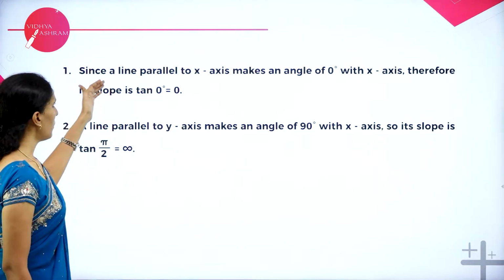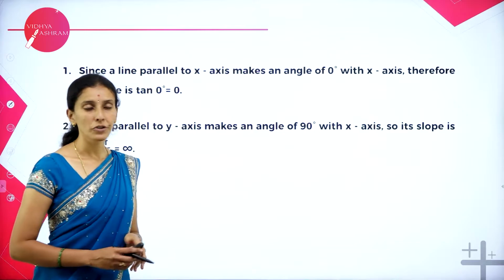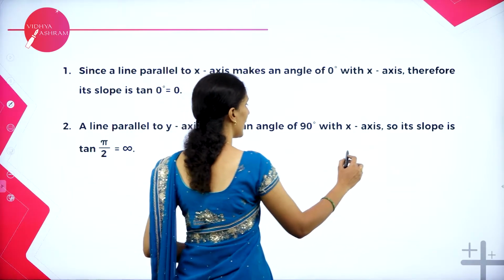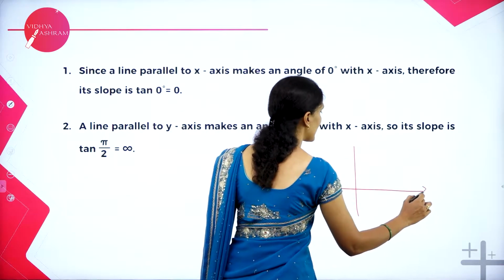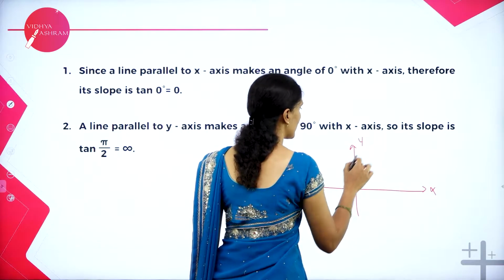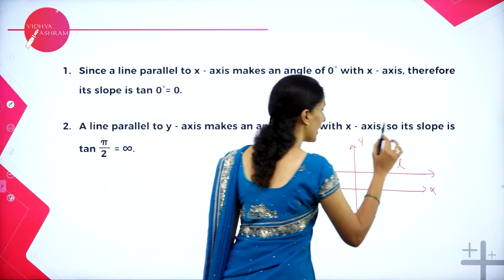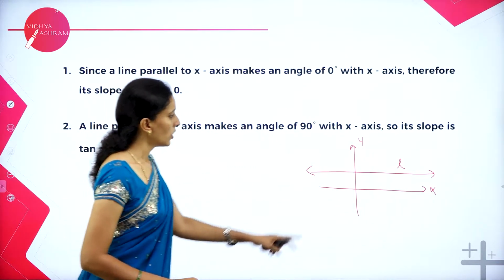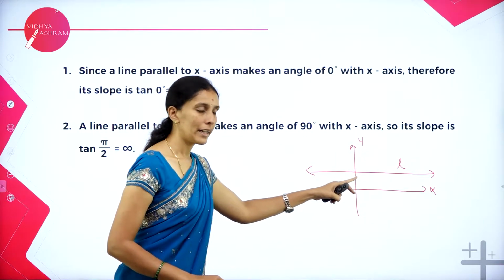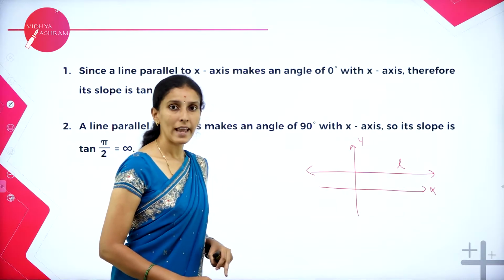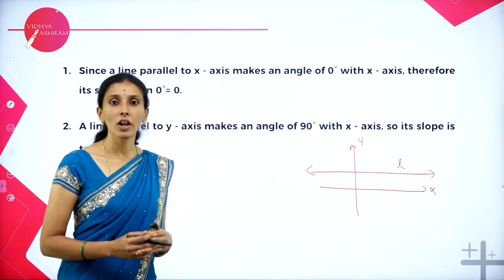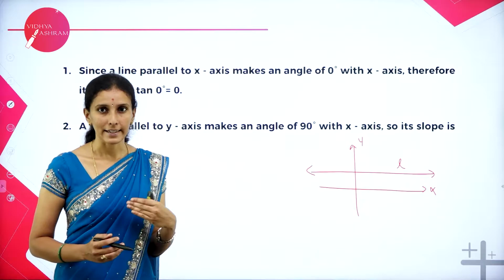Now, suppose a line is parallel to the x-axis. Let me take the x-axis and y-axis. I am taking a line L which is parallel to the x-axis. What is the angle created by this line on the x-axis? It is not at all intersecting the x-axis.